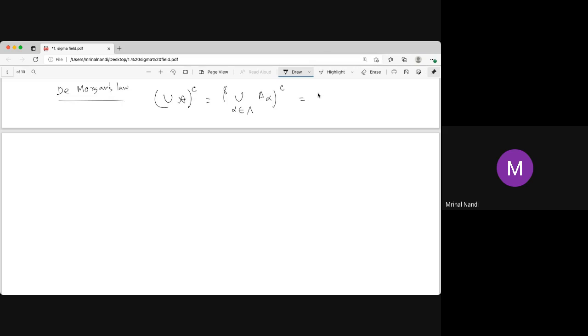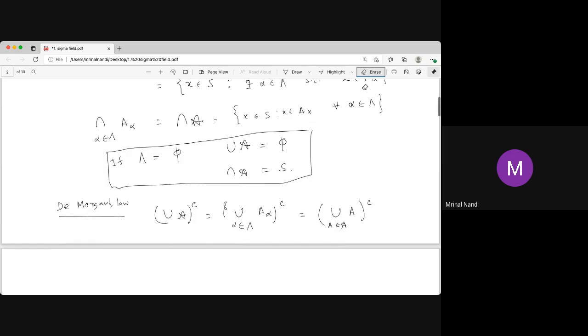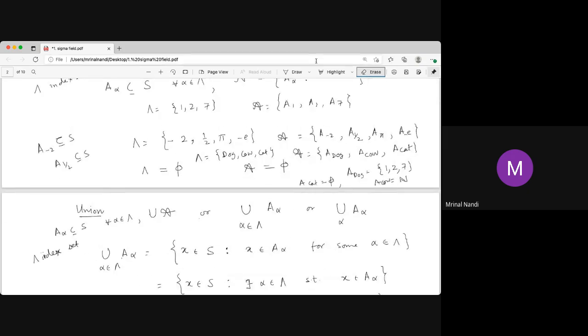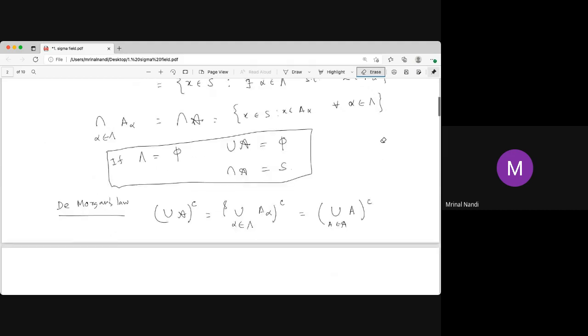Sometimes there is one more notation for that. Sometimes we write A belongs to this collection, the union of all A, so this A is not fixed, it runs over this collection.